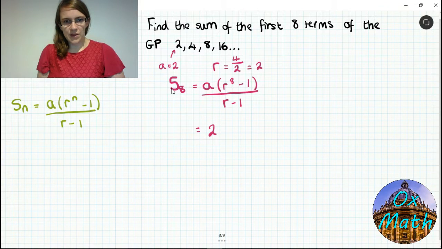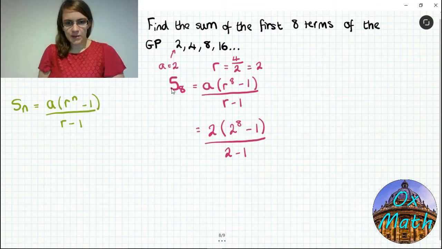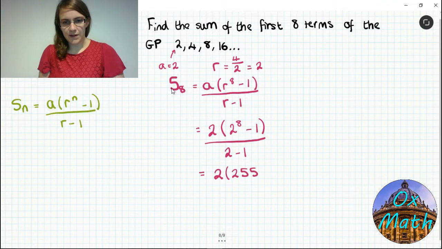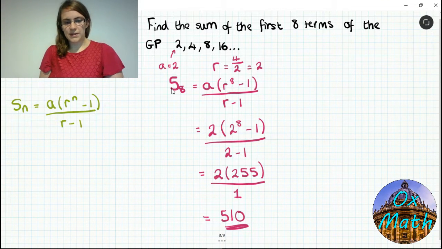A is 2, R is also 2, so 2 times 2 to the power 8 minus 1 over 2 minus 1. 2 to the power 8 is 256. 256 take away 1 is 255, and 2 minus 1 is 1. So 2 times 255 is 510. So the first 8 terms of this sequence would add up to 510.